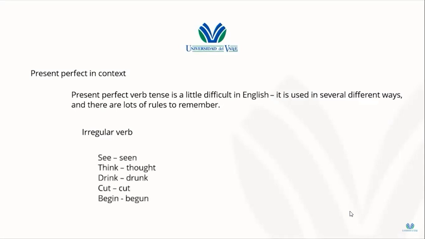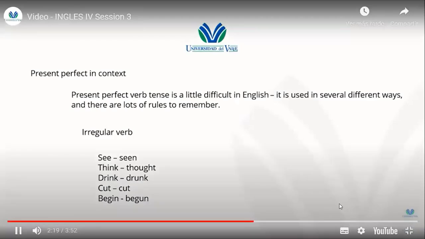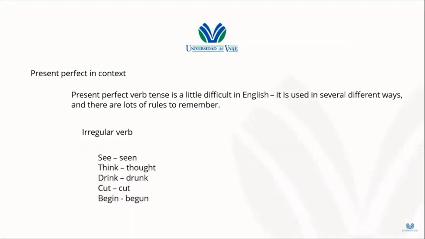For example, we have here: see, seen. Seen is the past participle, because in the present perfect, what we use of the verb is the past participle. Think, thought, drink, drunk, cut, and come. In this list, as I said before, the verbs are divided in groups, for example, a group of verbs where the past participle ends in -en. For example, see, seen.